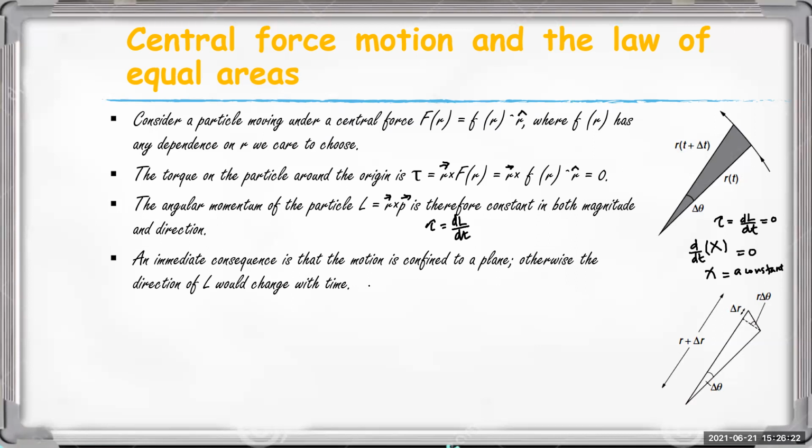Otherwise, the direction of L would change with time. Okay, here as L is constant both in magnitude and direction, the motion of a planet takes place in a plane.